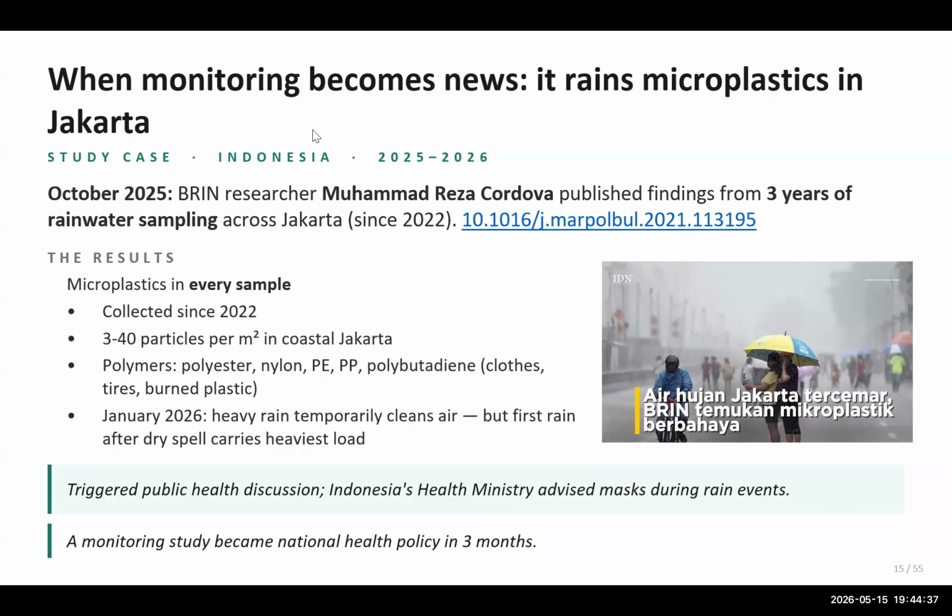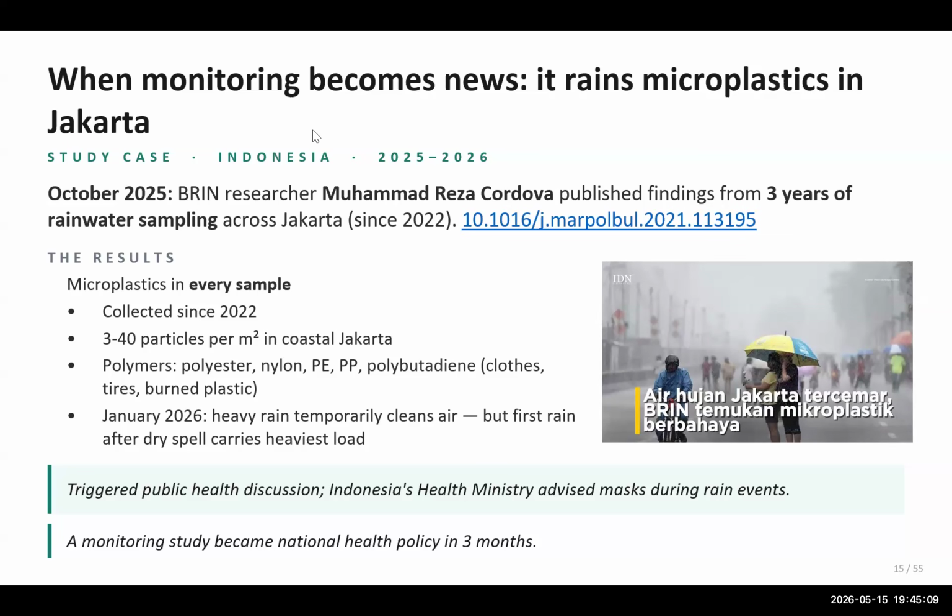They found different plastic polymers from clothes, from car tires, from burned plastics, like polyester, nylon, polyethylene, polypropylene, polybutadiene. And in January 2026, he had an update: after heavy rain, the air temporarily gets clean of microplastics, but the first rain after a dry period is the one with the highest concentration of microplastics.